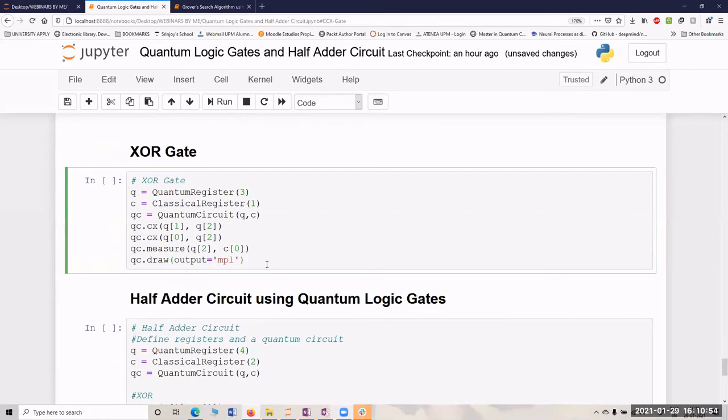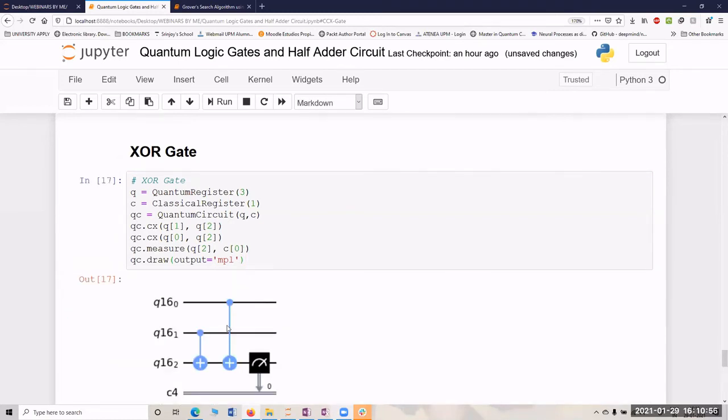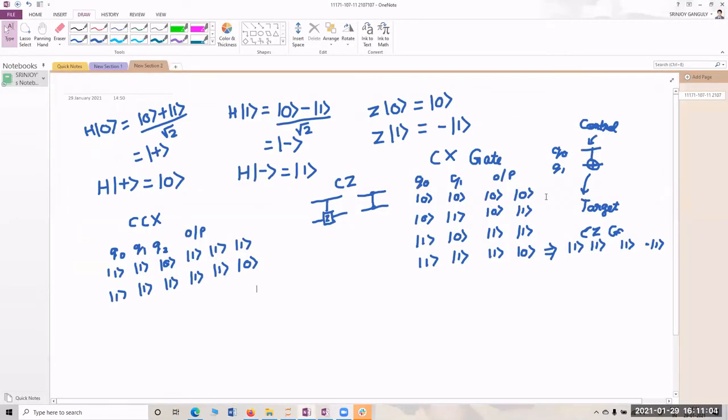And the XOR gate, what is the XOR gate? The XOR gate is the CX gate itself. Because as we see, if you look at the CX gate carefully, this column is nothing but the output of an XOR gate.